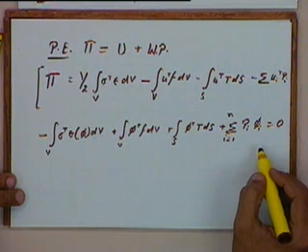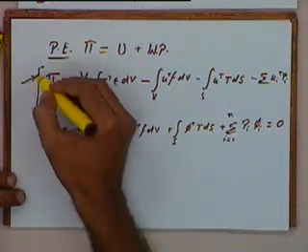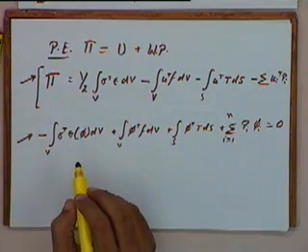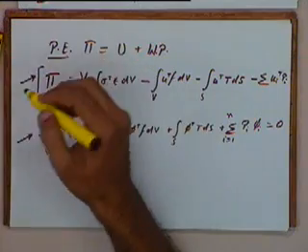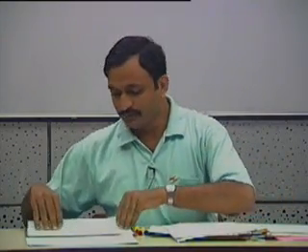The two should be equal, and the total work done should be equal to 0. This equation we will be using when we use the Rayleigh-Ritz method, and this one when we use the Galerkin's approach. We will see that using both these approaches we will be able to get the solution to the finite element formulation for different kinds of problems, whether they be one dimensional, two dimensional or three dimensional. Now what we will see is how these methods can be used for simple one dimensional problems.